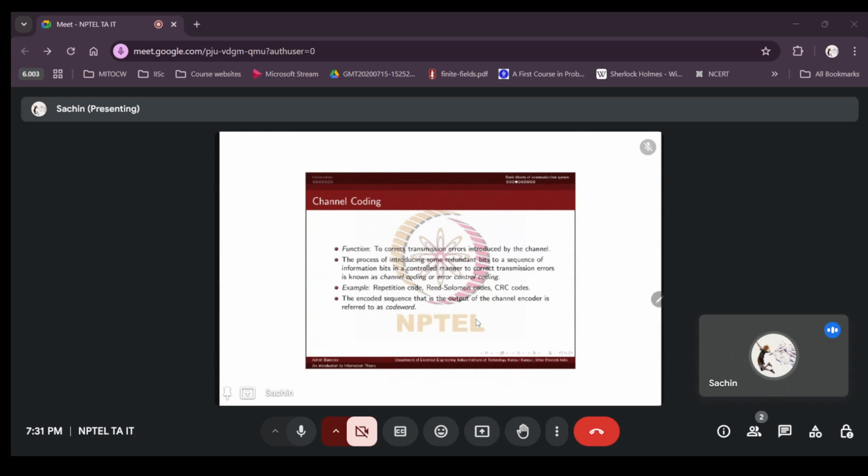So for example, for audio transmission, human beings can make out whatever is being transmitted to them, even if there are slight errors or distortions in the received signal.